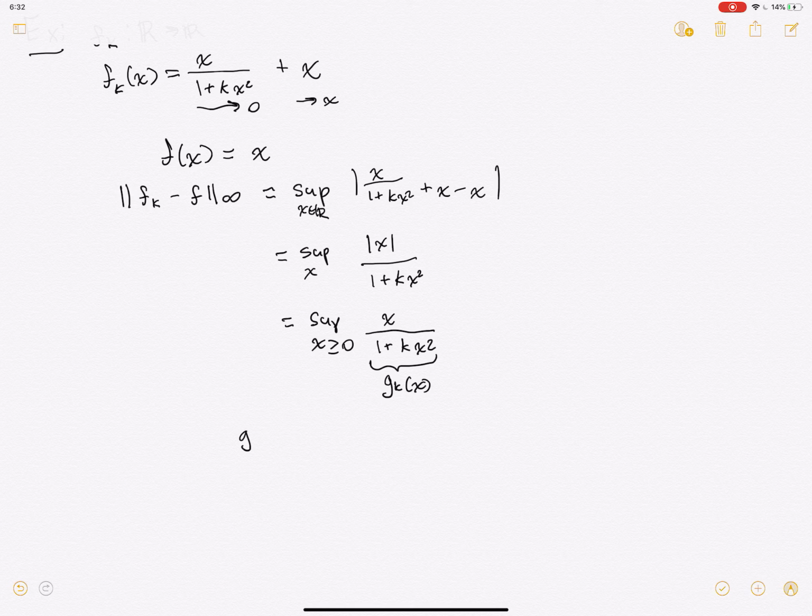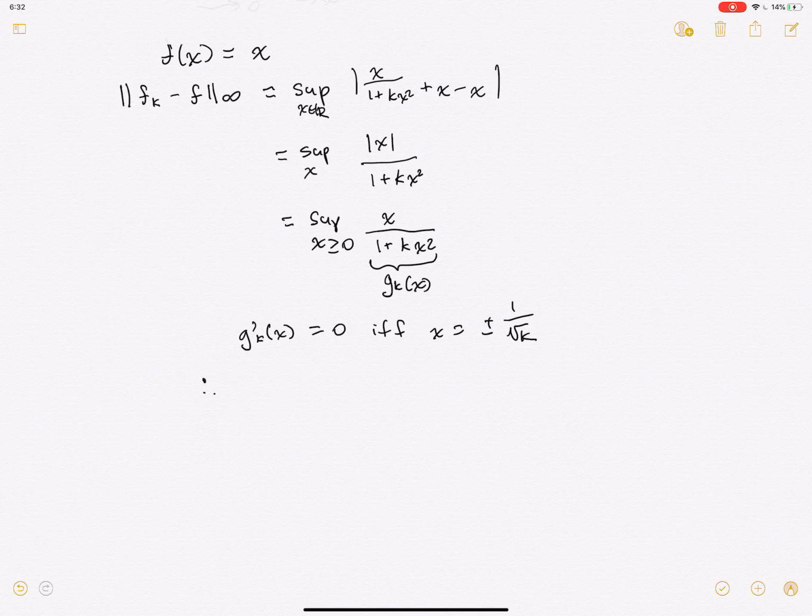we have that g_k'(x) is 0 if and only if x is plus or minus 1 over the square root of k. So when we take the limit as k goes to infinity of this g_k function, we sub that in. And the reason we found the derivative equaling 0 is because we're finding a maximum to get the supremum.